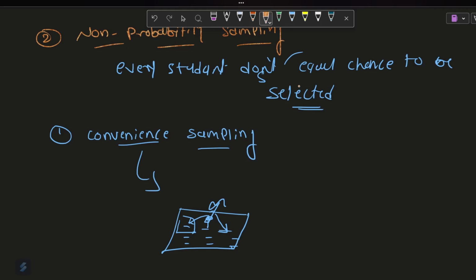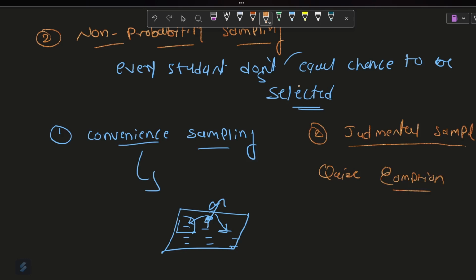And the second one is judgmental sampling. In judgmental sampling, there are simple concepts that we have. In a school, let us understand with a quiz competition.